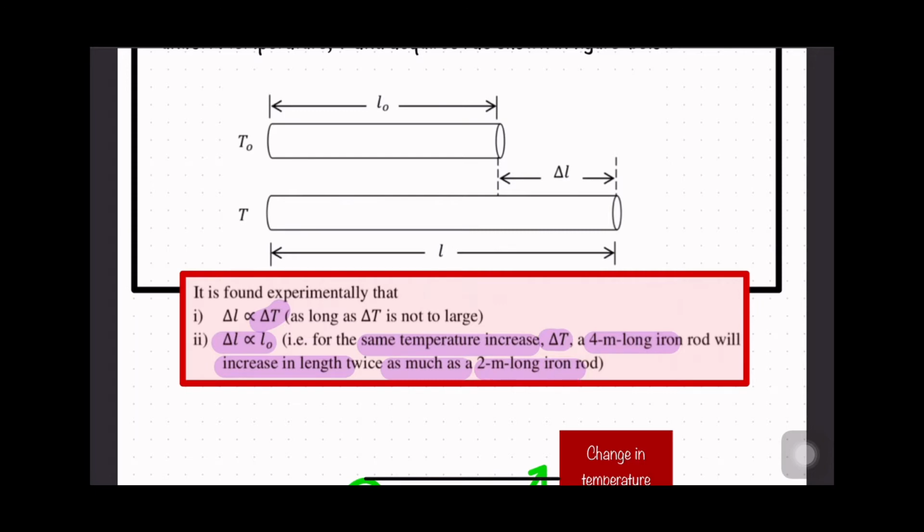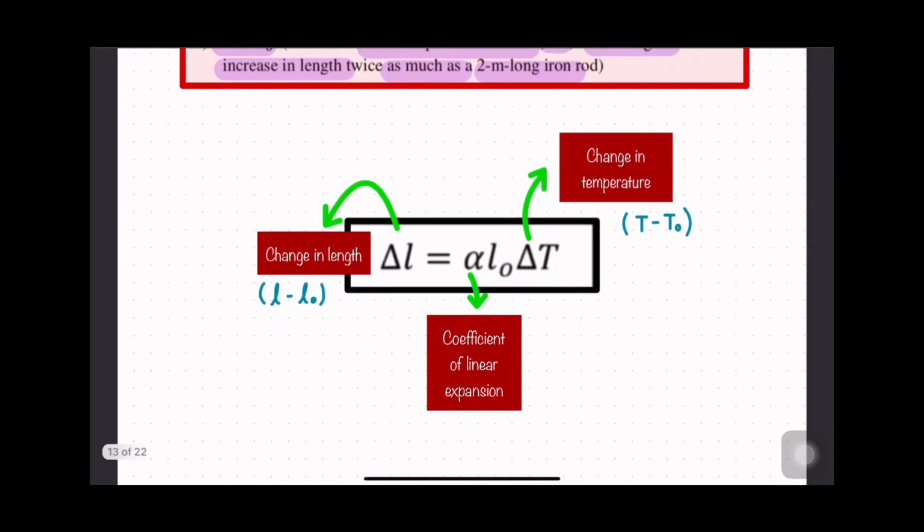The 2 meter rod is heated with a certain temperature change, so it increases by 4. And then the 4 meter rod, heated with the same change in temperature, may increase to 8. Like that.